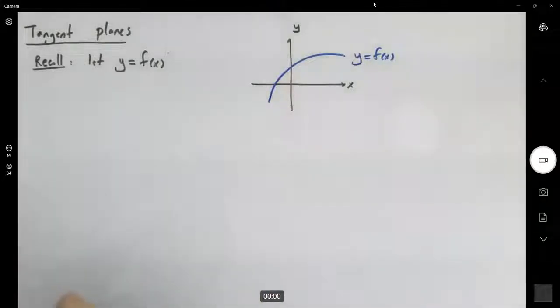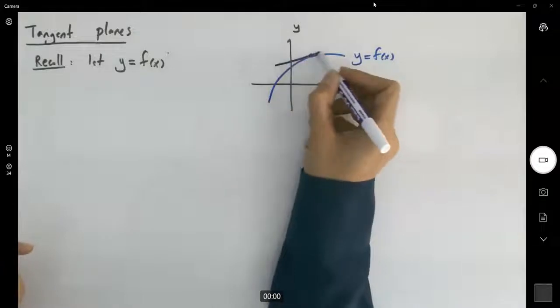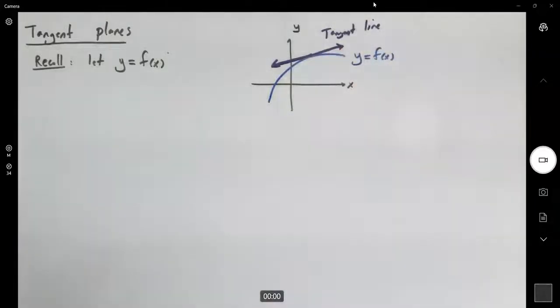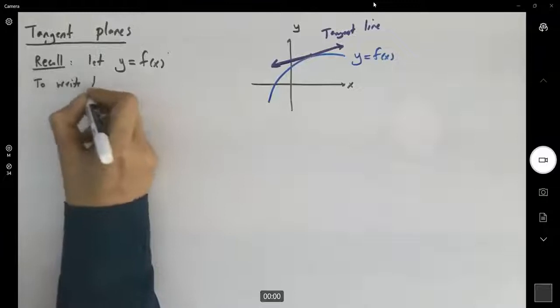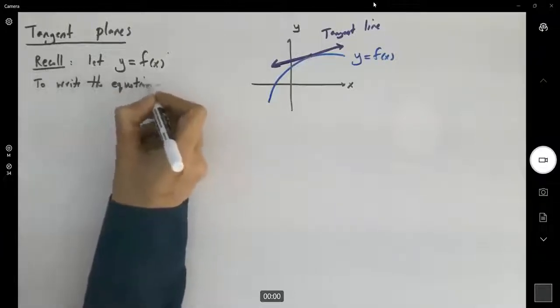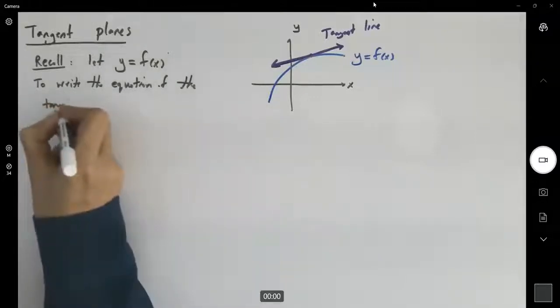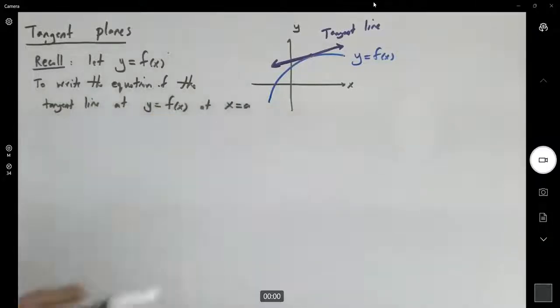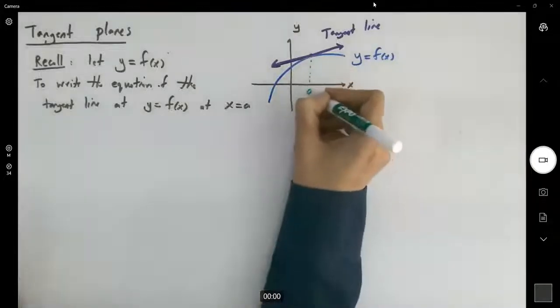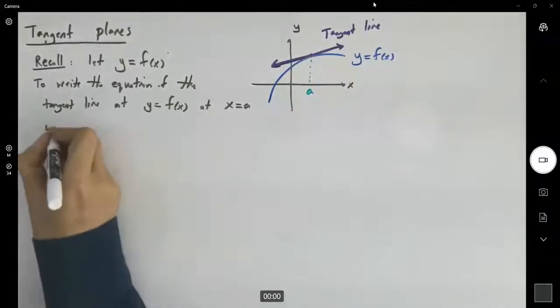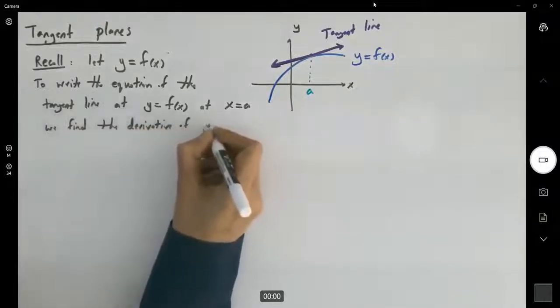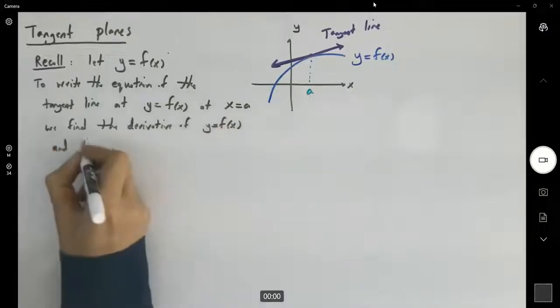To this function, at any point, you can define a tangent line. This is a tangent line. Remember that to write the equation of the tangent line to y equals f of x at x equals a, suppose this is x equals a, we find the derivative of y equals f of x and find the rate of change.